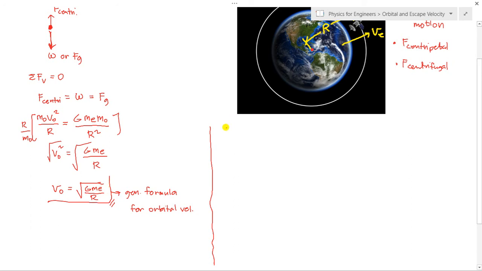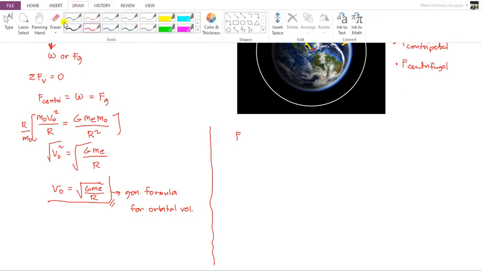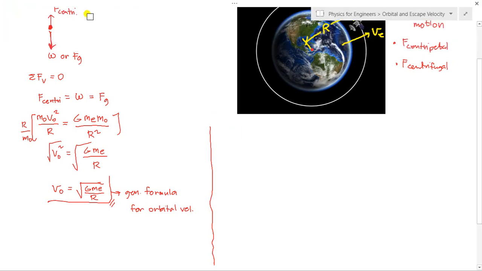Okay, so we all know that from the summation of forces along the vertical, we arrive at the relationship between the centripetal force and the gravitational force Fg, which is also equal to the weight. So the gravitational force is G ME MO all over, let's say we don't know the location, so we just call it r.